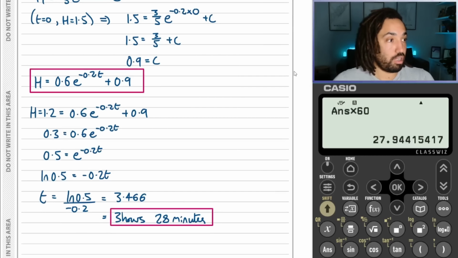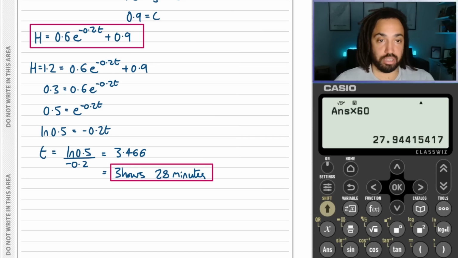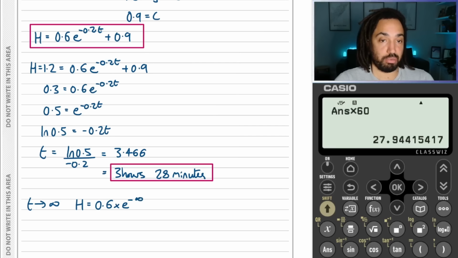Right, so we've got our equation for h here. Actually I don't need to write it down again, sorry, it's in the red box, isn't it? Yeah, so that's our equation for h. So what we're going to do is we're just going to say what happens when t tends to a large number. Well, h is going to equal 0.6 times by e to a large minus number, should I say, because it's going to be 0.2 times by a large number, but there's that minus there.